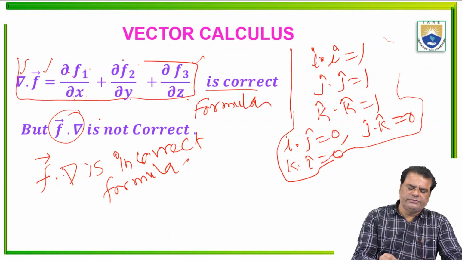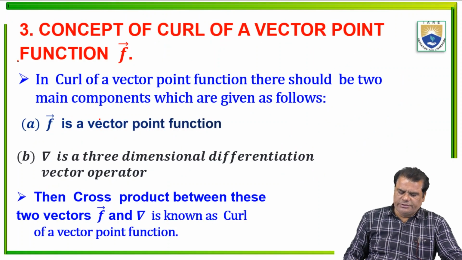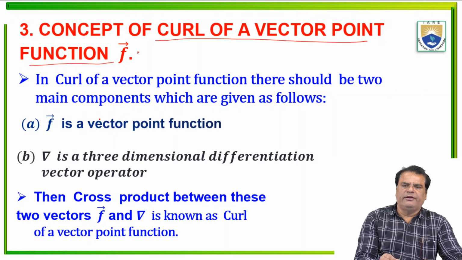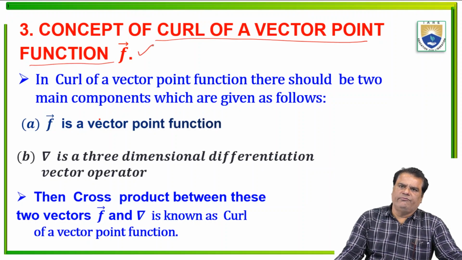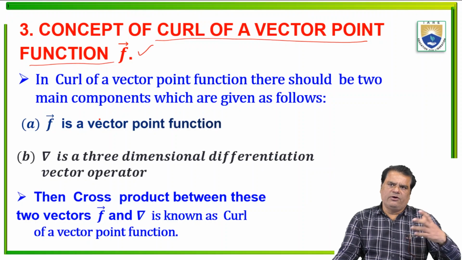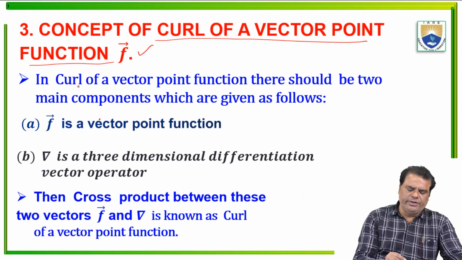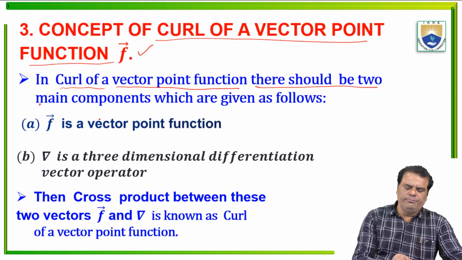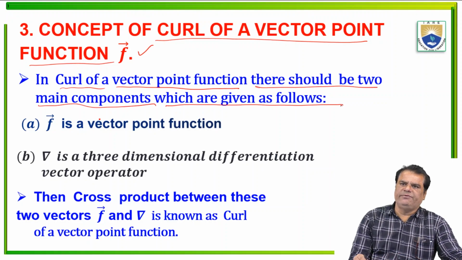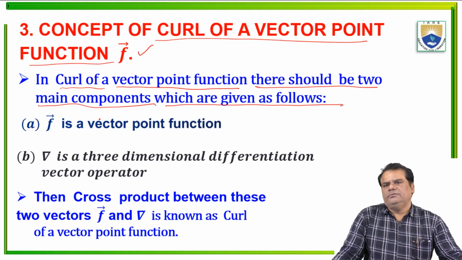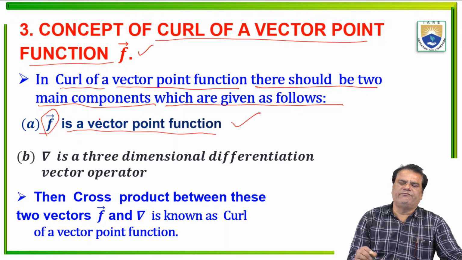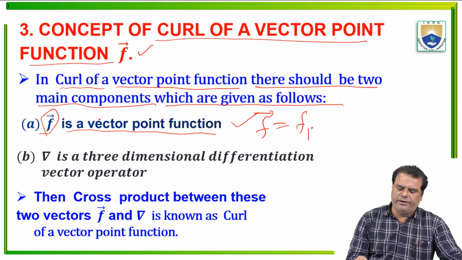Now next, the concept of curl of a vector point function f vector. What is curl? In the curl of a vector point function, there should be two main components. Number one, f vector is a vector point function: f equals f1(x,y,z) i plus f2(x,y,z) j plus f3(x,y,z) k.